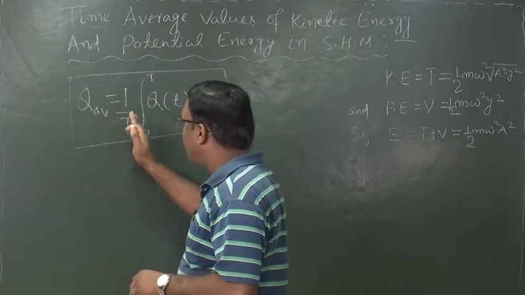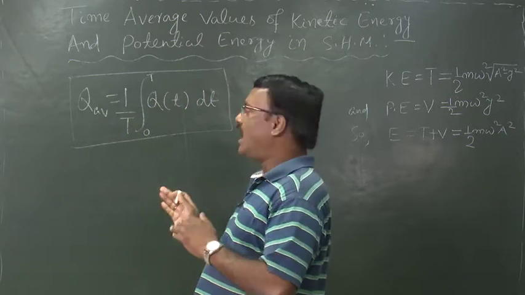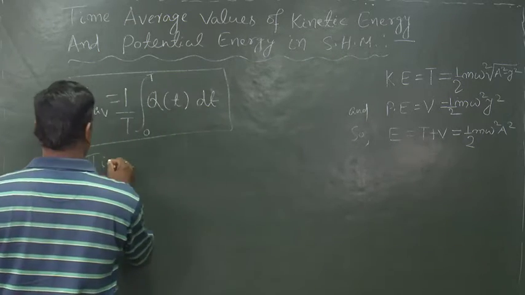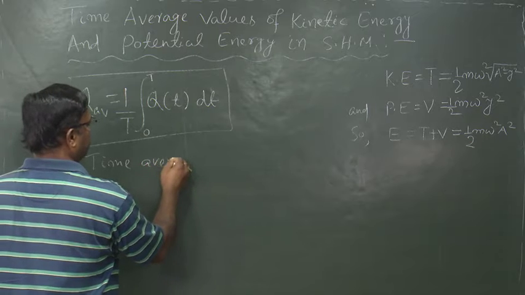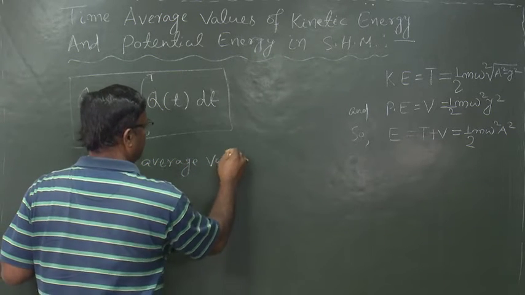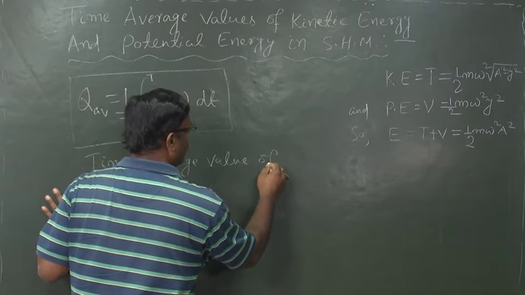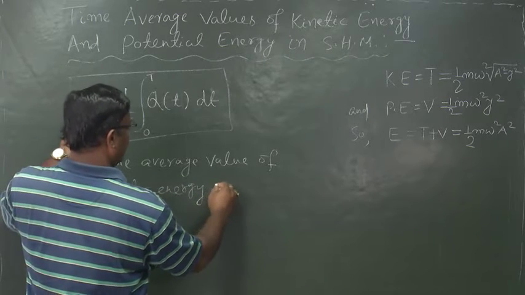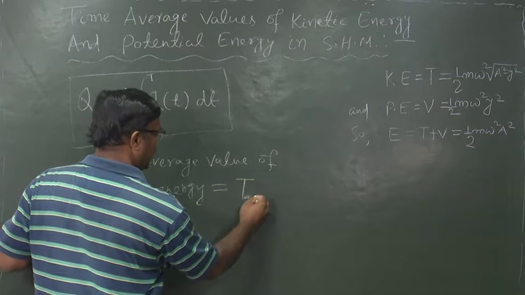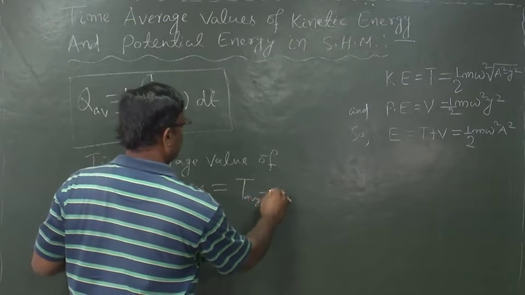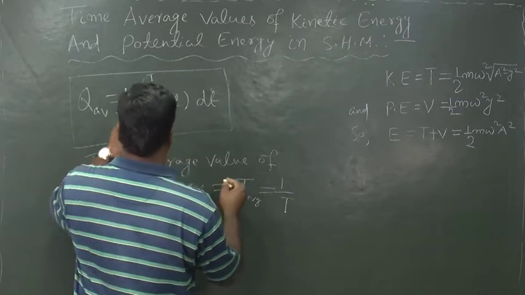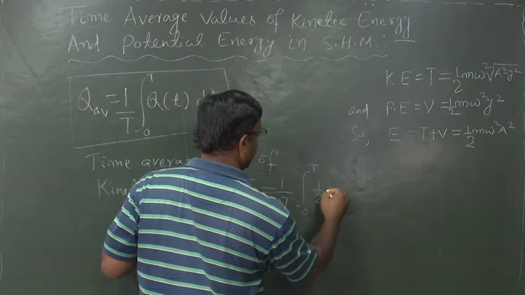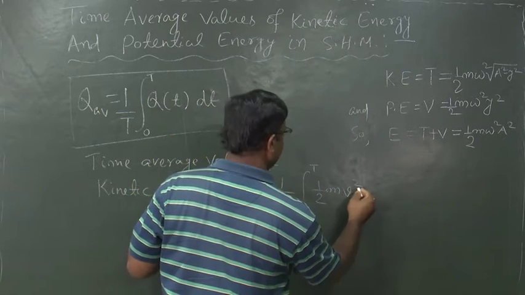So, in the similar manner, we can write the time average value of kinetic energy, T average, which is equal to 1 by T integration over the range 0 to T half m v square dt.